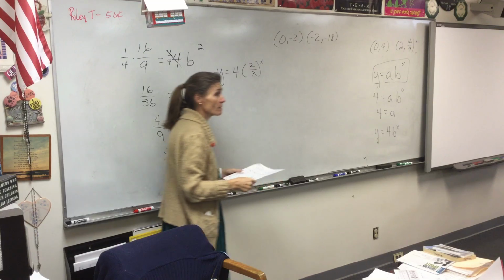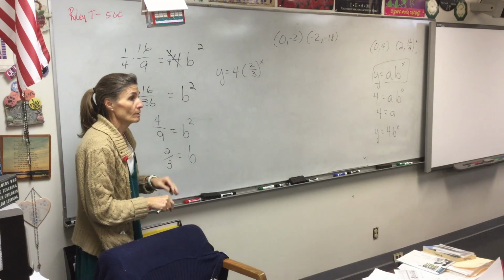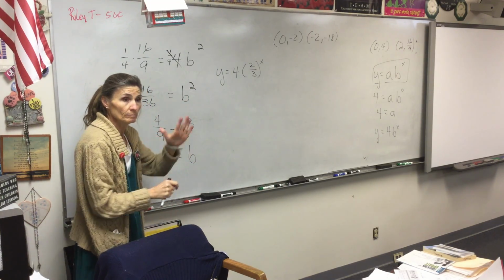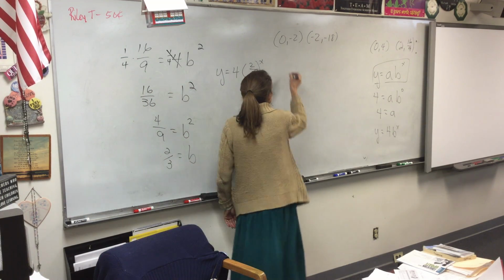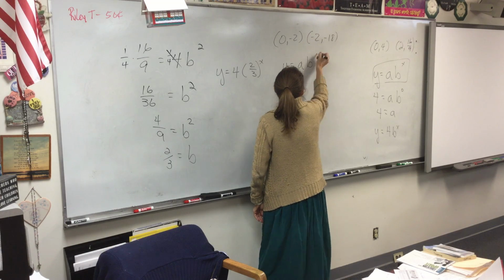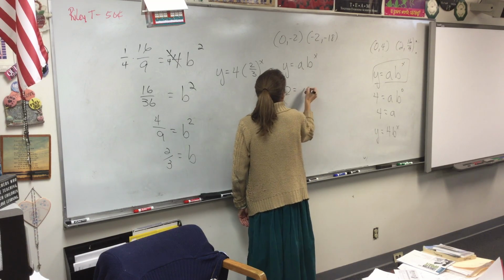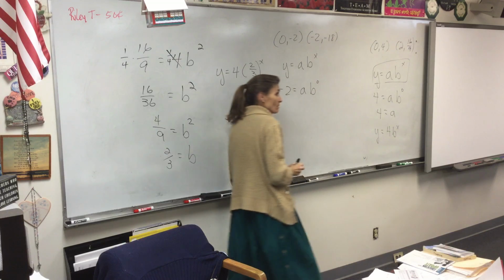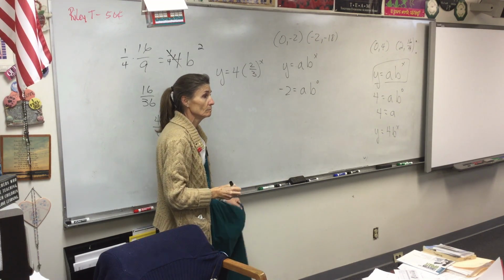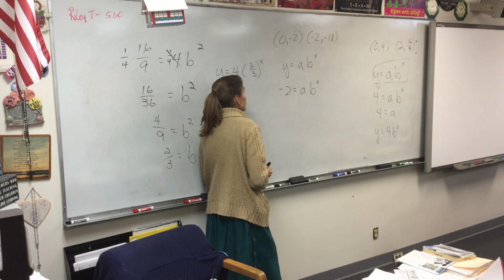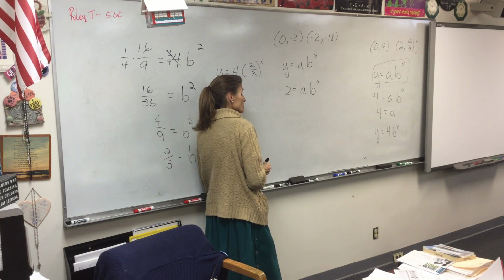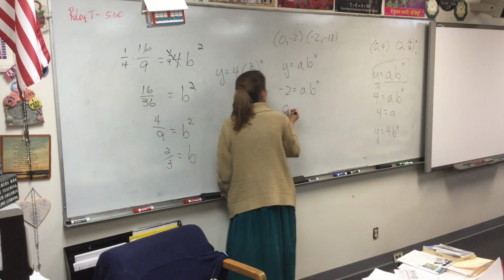So here we go. We're going to be good at this. How do we start? So y equals a times b to the x. So -2 equals a times b to the 0. Which tells me what? It is not.